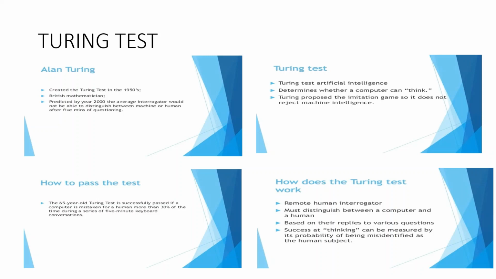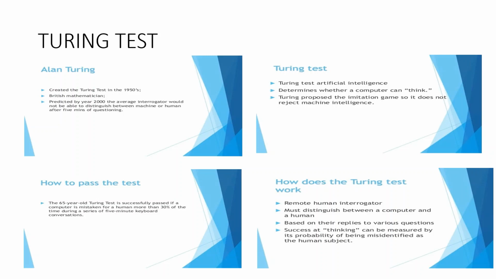He will get passed. How does the Turing test work? Let us read that. There is a remote human interrogator who will ask questions and must distinguish between a computer and a human based on their replies to various questions.